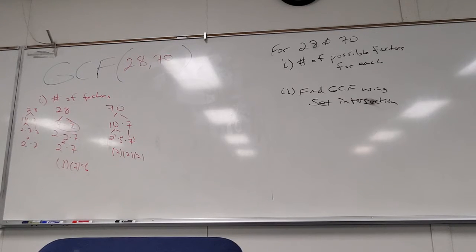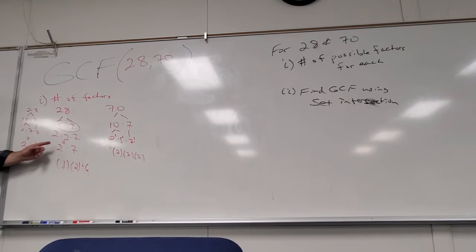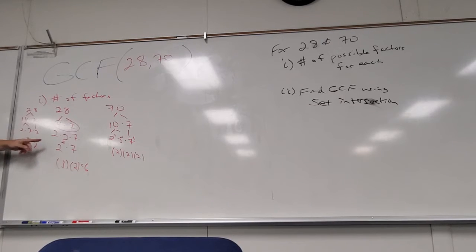I zoned out. How'd you get 3 times 2 equals 6? I know that's how many factors go into 28, but I'm not sure where you even got 3 from. The shortcut to this is to just add 1 to each of the powers.